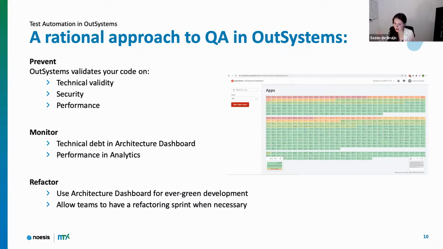Of course, when you combine these components together, you can create new risks, right? If you put an input field directly on the database, you're creating a security risk. So what OutSystems also does is give you warnings when you're combining components in a way that is not very good for your quality, whether it's for security, performance, or technical validity, reasons that you should not make this combination.